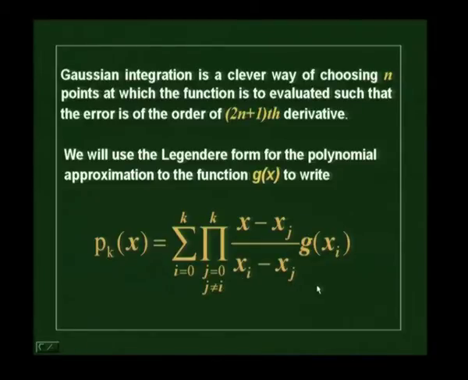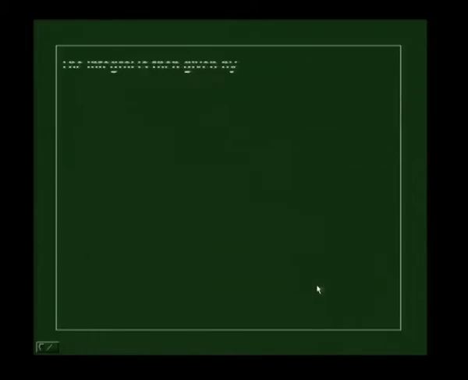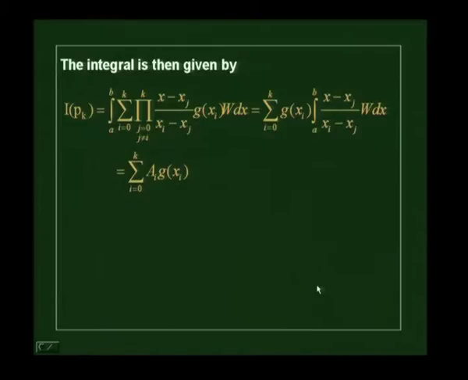That is a polynomial approximation to the function g of x. Then the integral I of pk is the integral of that particular function, multiplied by w, in the limit a to b dx.